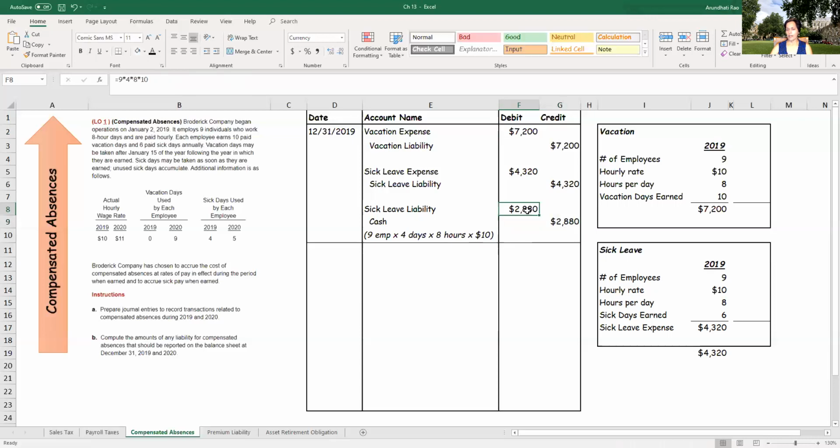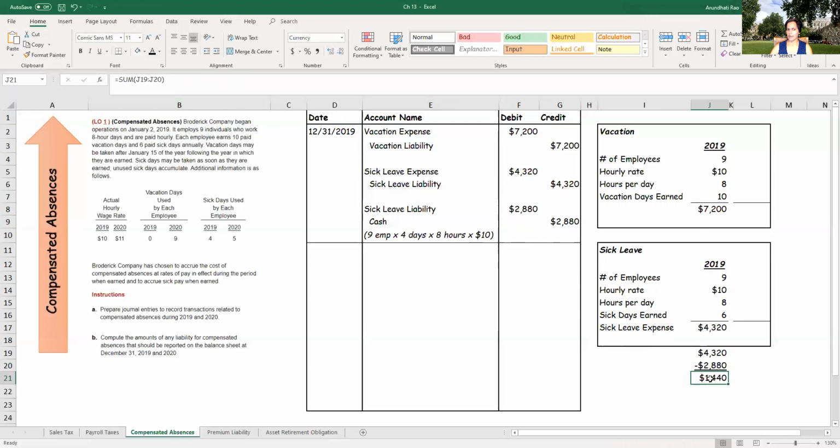They took sick leave, and when they took sick leave, we had to pay them. They didn't have to work for us because they had earned it already by way of the work that they had done. So at this point, how much is left in that account? The sick leave liability account, the amount left is $1,440.